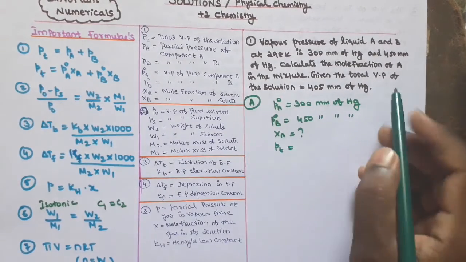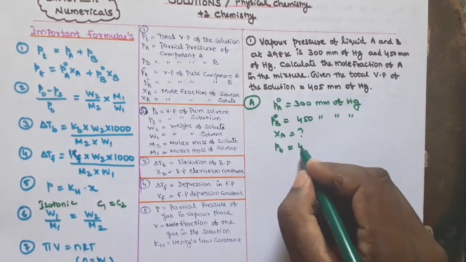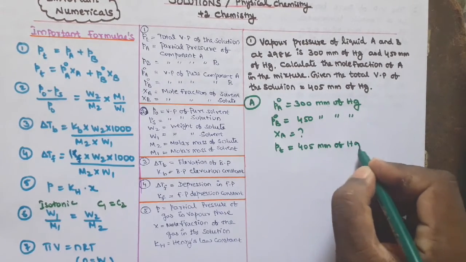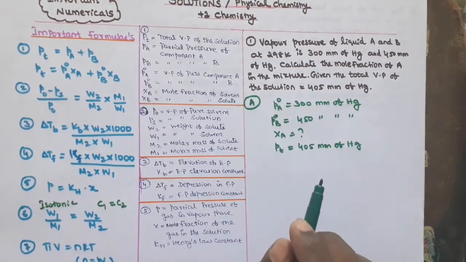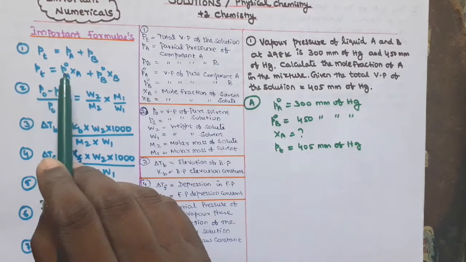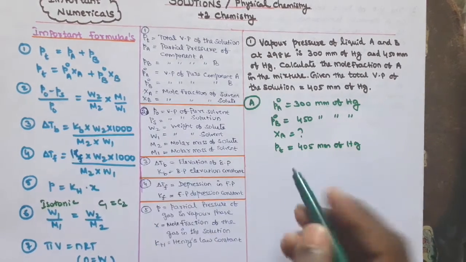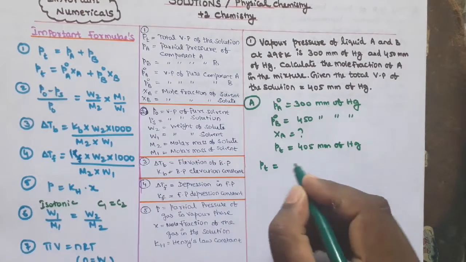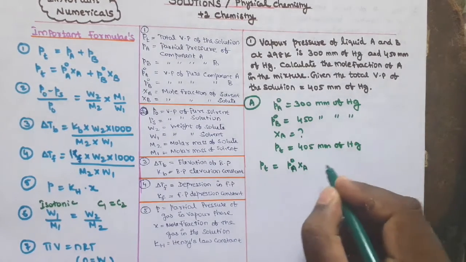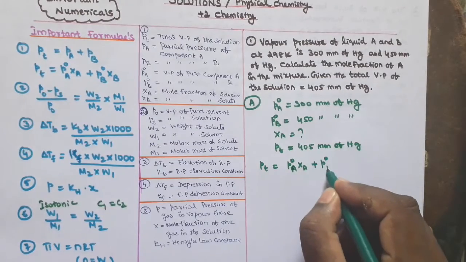The total vapor pressure Pt is 405 mm of mercury. And we know that Pt = Pa + Pb, so I am using the formula Pt = Pa° Xa + Pb° Xb.